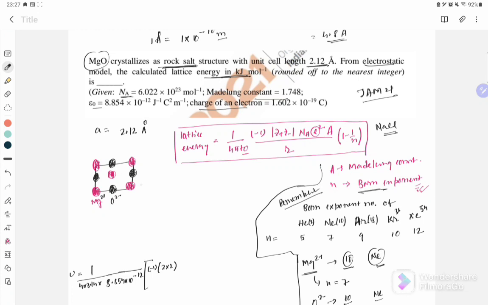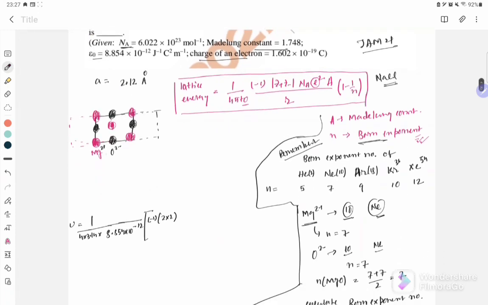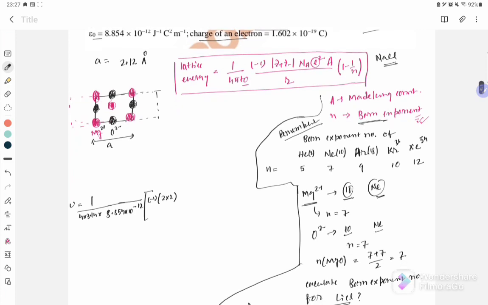We can assume here an FCC structure of Cl or O2-, and here the FCC structure of Mg2+, and both come closer and we take half of them too. So the whole is a, from this one.